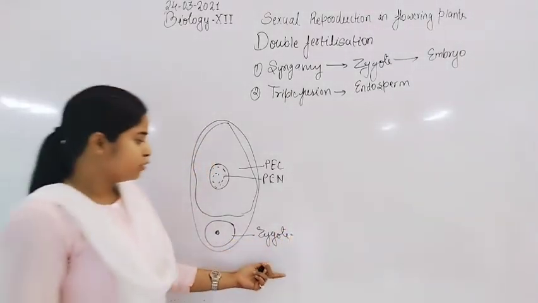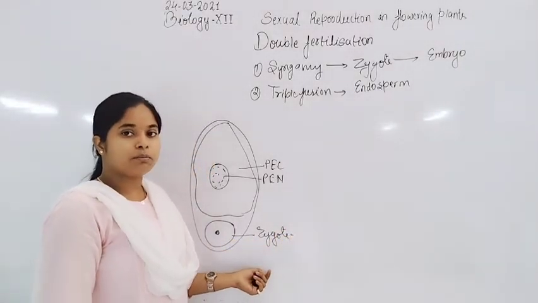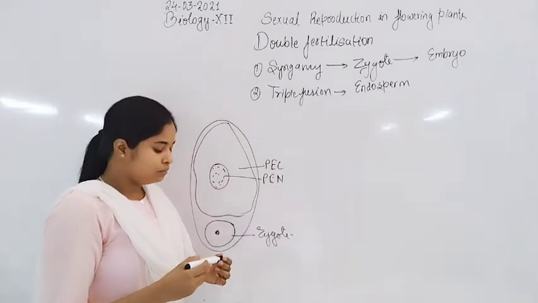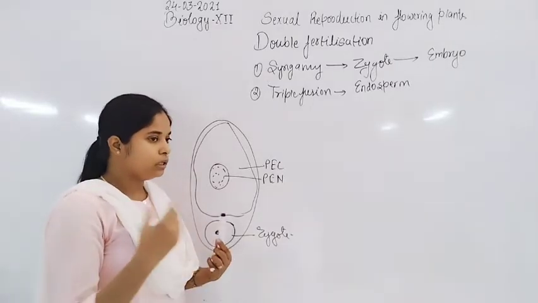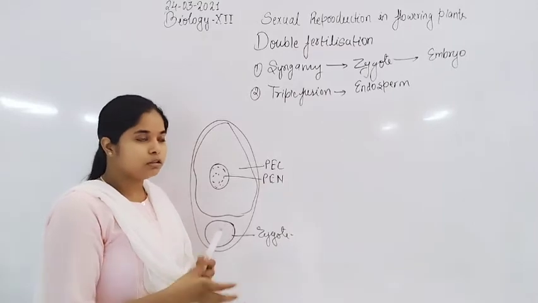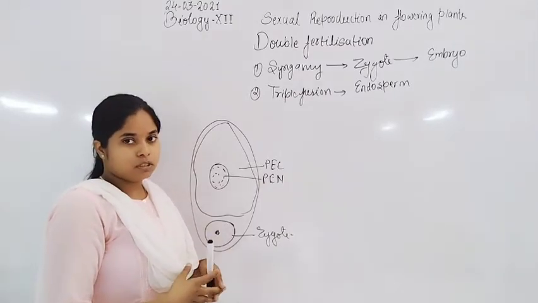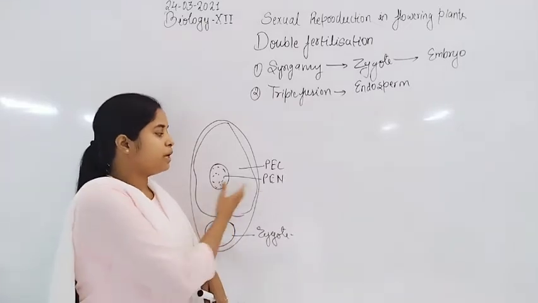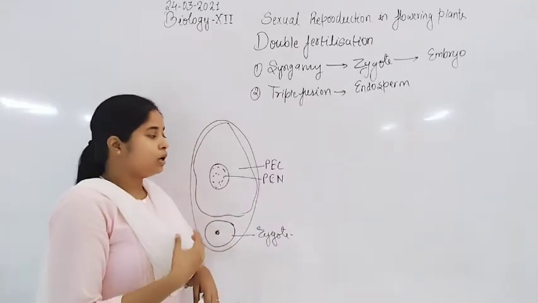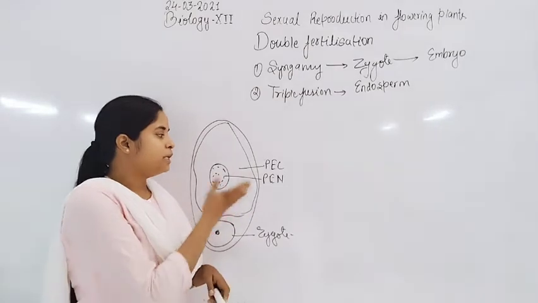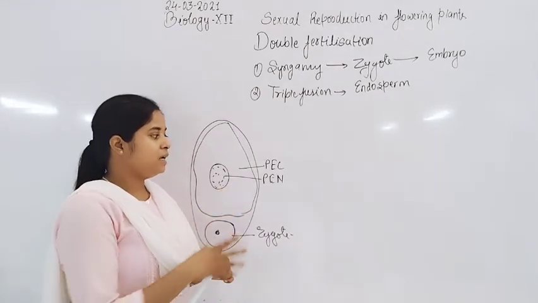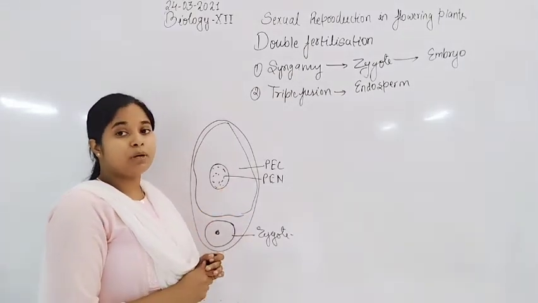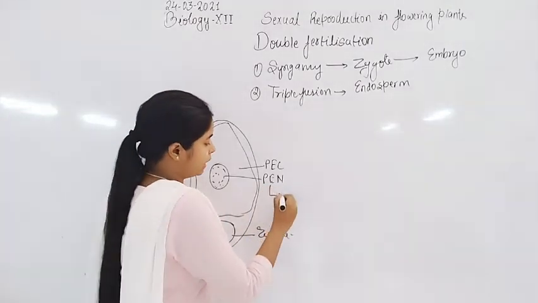When the zygote develops, it needs nutrition for cleavage, for development, for mitotic division. So it utilizes energy from the primary endosperm nucleus or endosperm cell, because the primary endosperm nuclei also undergo multiple karyokinesis.